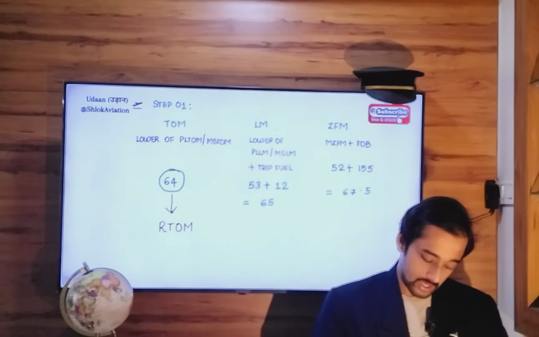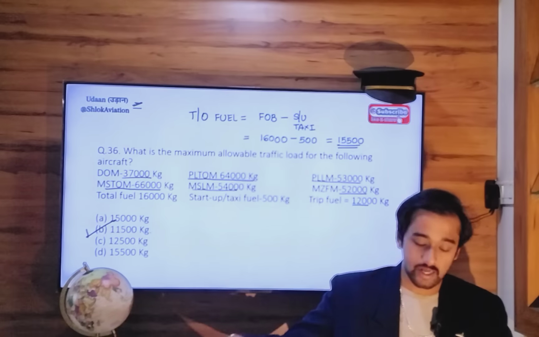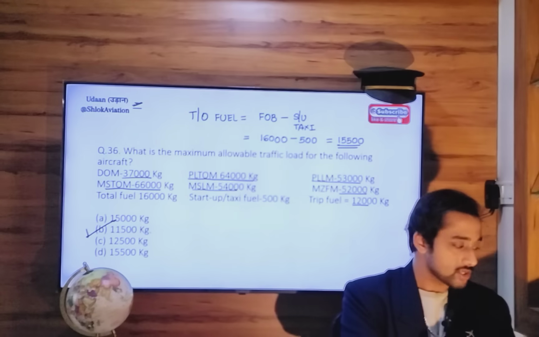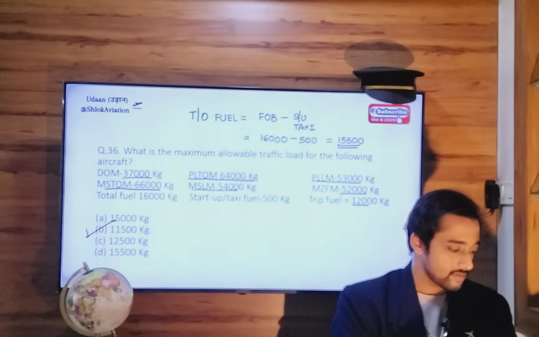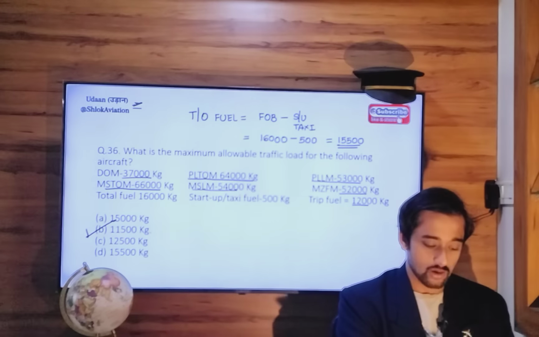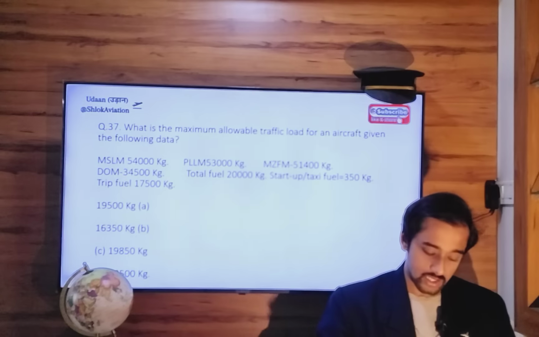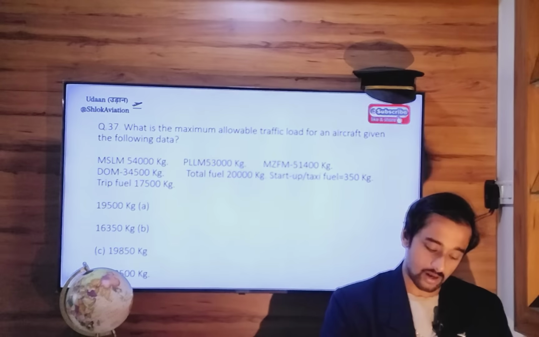So the correct option here will be option Bravo, 11,500 kilograms. Okay, so 36 answer is A. Correction, Bravo, 11,500 kilograms.